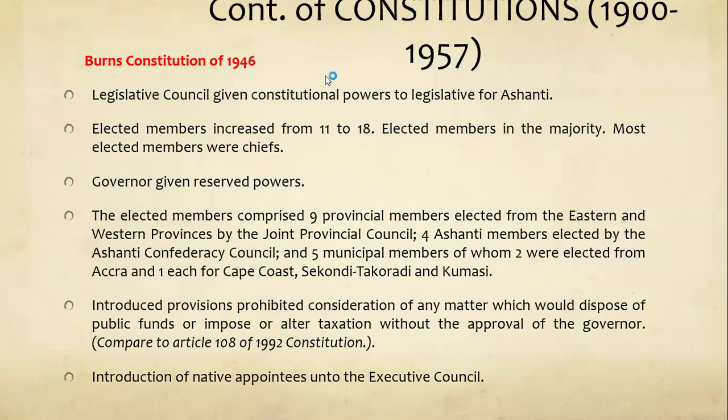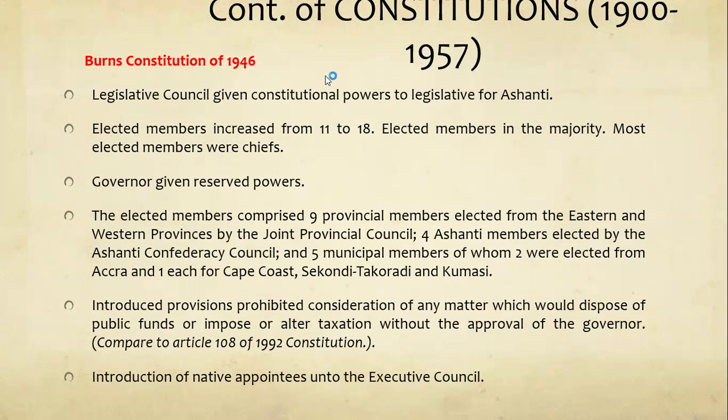Also, elected members increased from 11 to 18. There was abandonment of the legislative majority principle, and an introduction of an African unofficial majority into the Legislative Council.